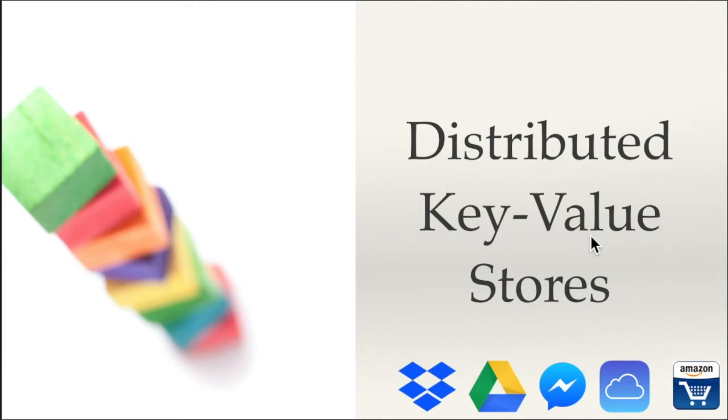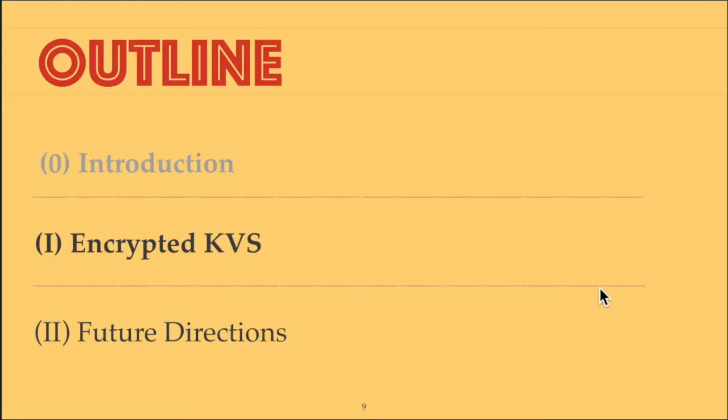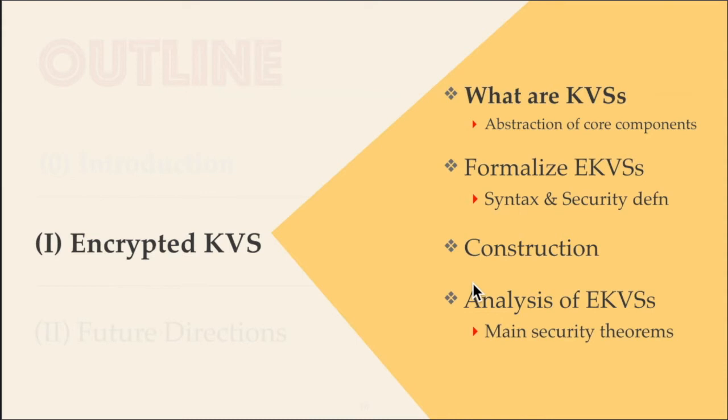Because these key value stores are such basic building blocks, if we can somehow get encryption in them, we can then build all sorts of privacy preserving storage systems on top of them. So this brings me to the next part of my talk on how we can design and analyze encrypted key value stores. And here is a detailed outline of my talk.